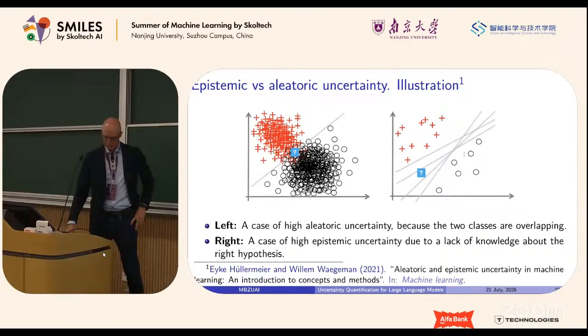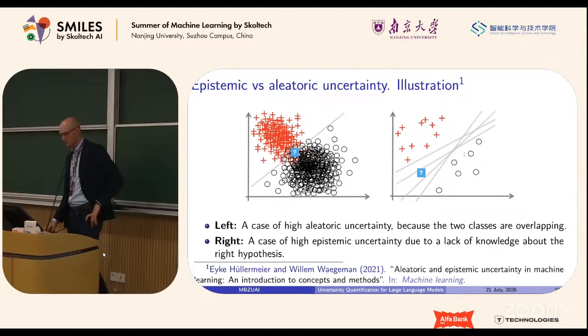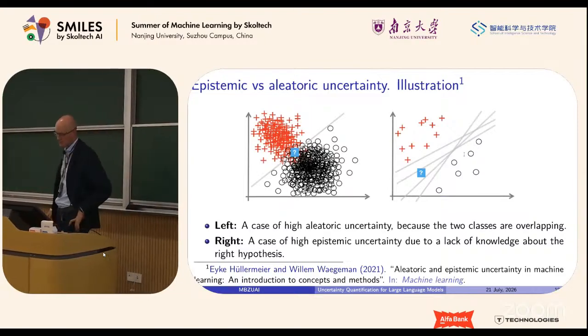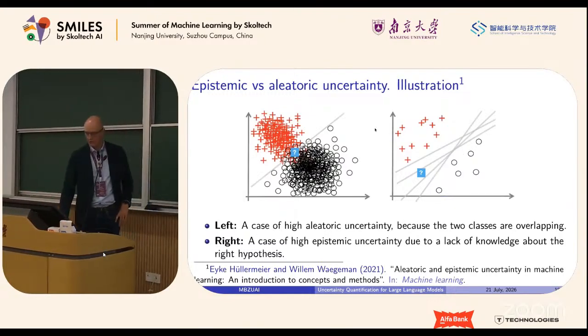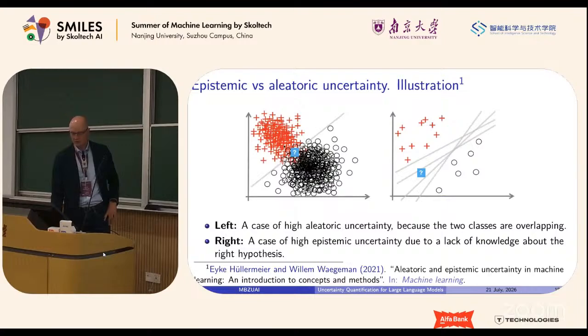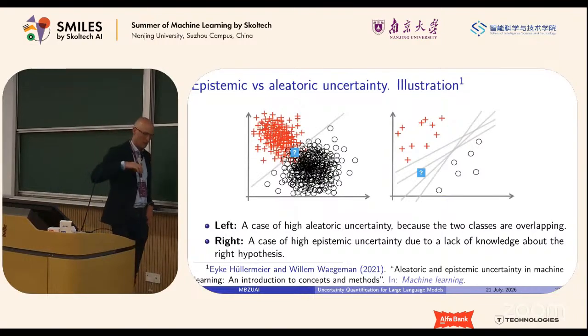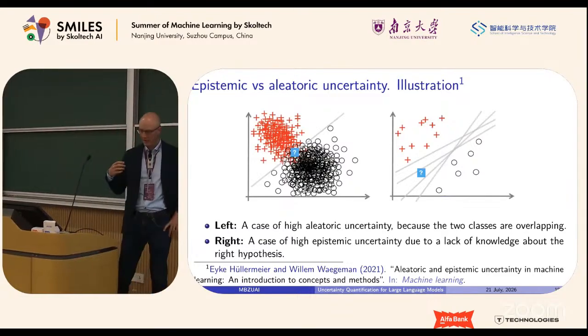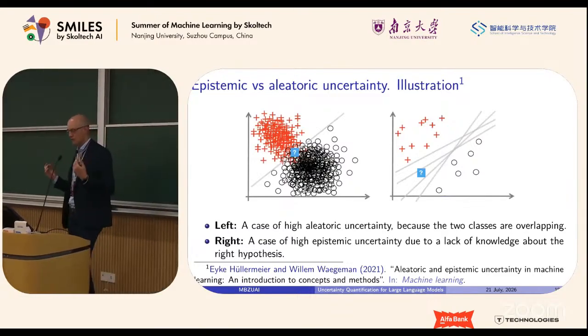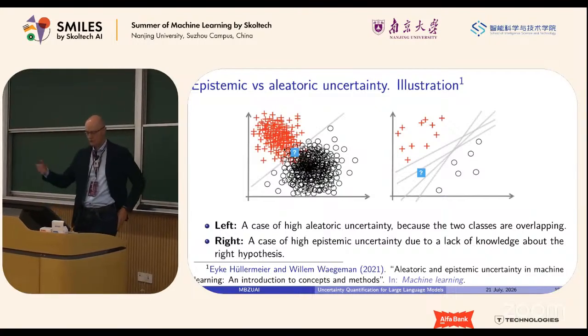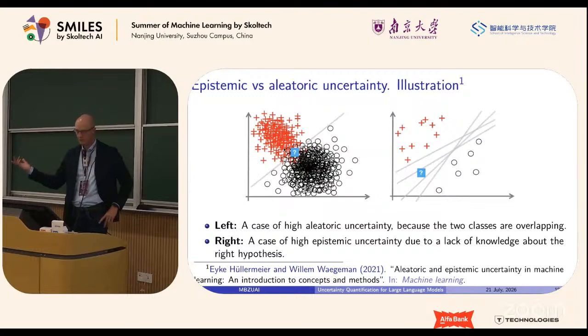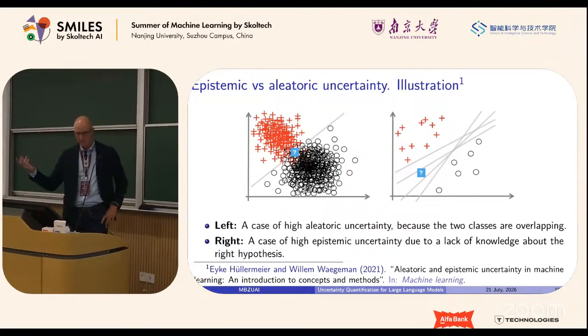And this is a good illustration of these two concepts. On the left side, you can see a case of high aleatoric uncertainty. We have lots of data points here, and on the decision boundary we see the area where we cannot reliably distinguish the two classes due to high aleatoric uncertainty, because each point might have an ambiguous realization, an ambiguous prediction.